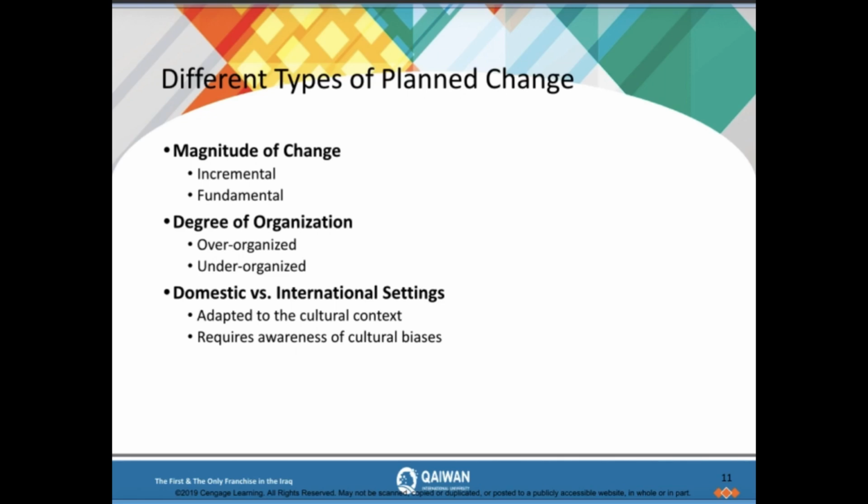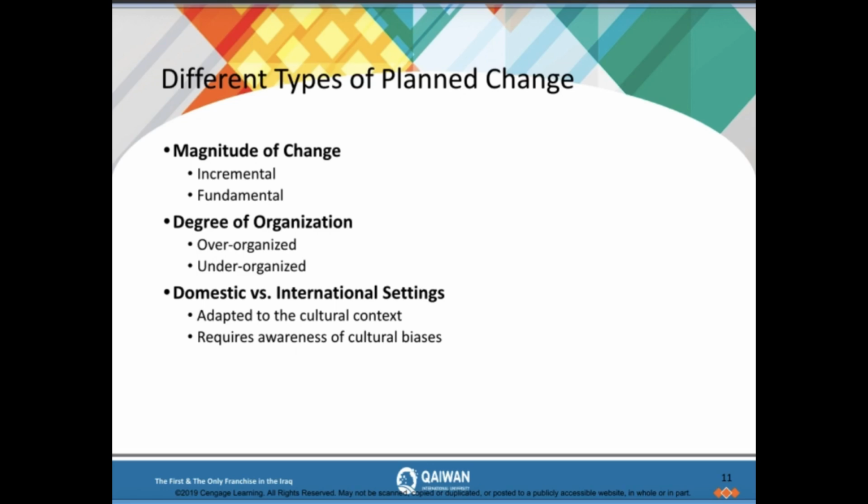And the second one is the degree of organization. Some organizations are over organized and some of them under organized. When you are talking about the over organized, with strict rules or formal hierarchies, even small change may require careful planning.